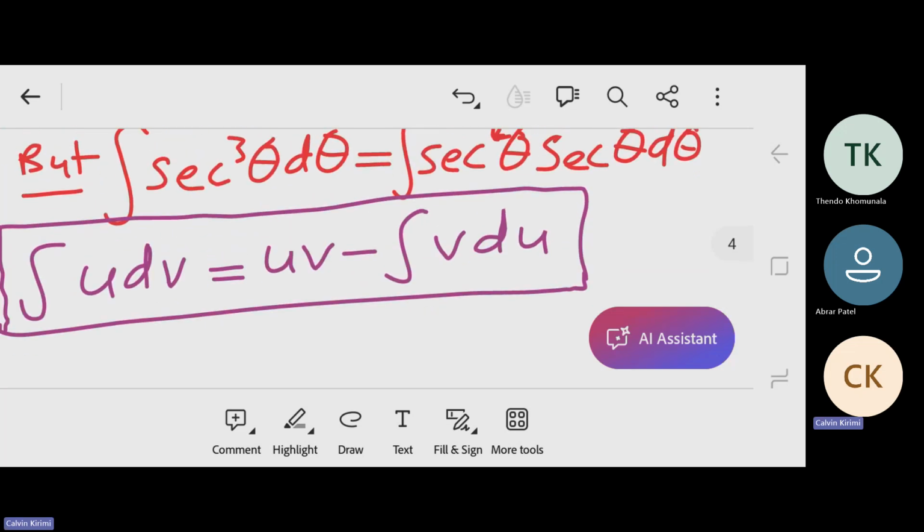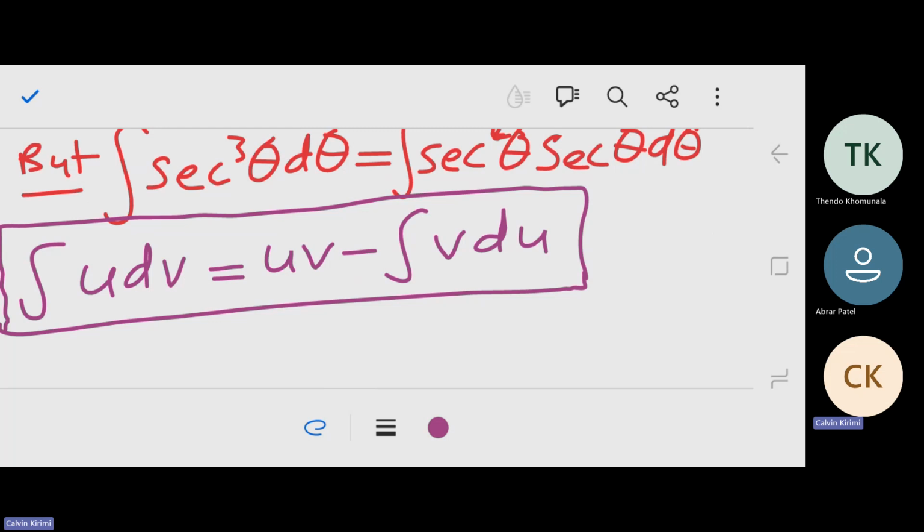From here, we are going to let u equal to secant theta. Let u equal to secant theta.